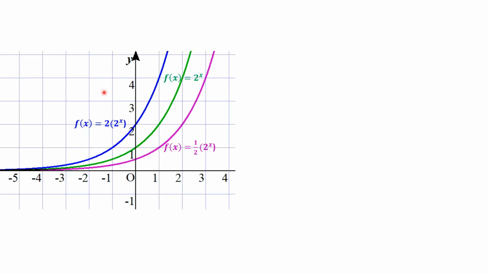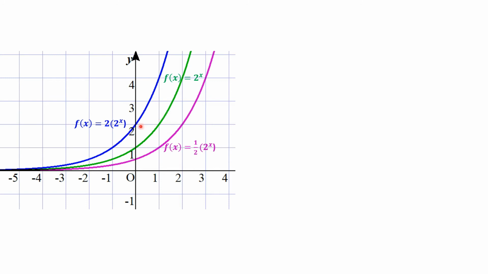So these are their graphs. The green is for the equation for the function that we've been using since example 1. The blue curve is for f of x equals 2 times 2 to the x, or when a is 2. And the purple is when a is 1/2, that's less than 1. What do you notice?